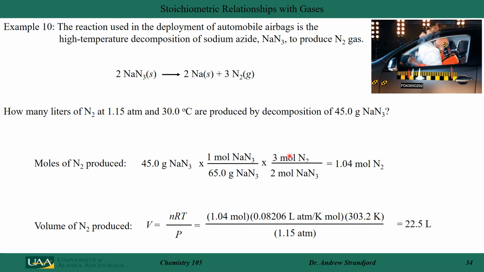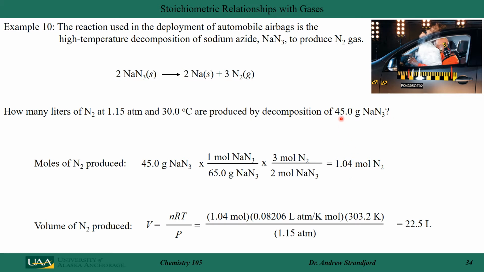But in this reaction, I'm now going to use that relationship in the chemical reaction here to find out how many moles of nitrogen gas I'm going to produce. So for every 2 moles of sodium azide, I'm going to produce 3 moles of nitrogen.